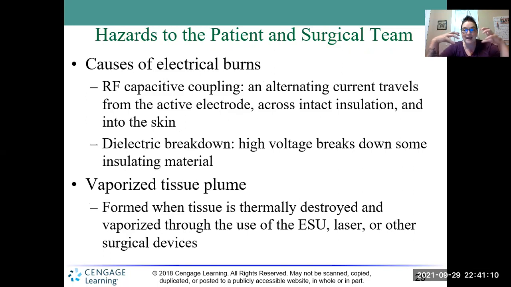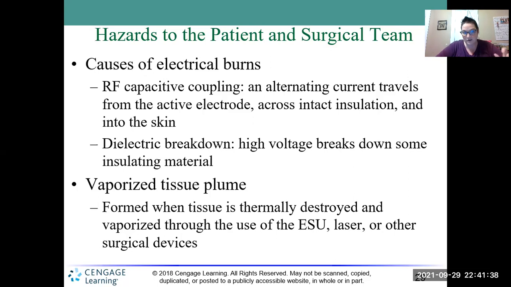That coupling is the part of the electrical current that can cause the burn. And then the dielectric breakdown. Those high voltage currents can sometimes break down the insulating material, and then you've got that flow going through faster, and then it's even a higher voltage.